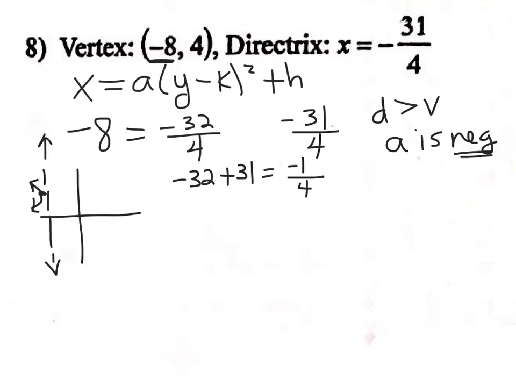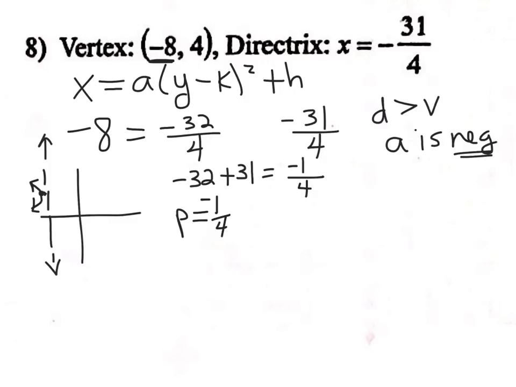So negative 1 over 4 is going to be the distance that my directrix is, or 1/4 is the distance that my directrix is away from my vertex. So 1/4 basically. So my p-value is 1/4. And it's negative because our parabola is opening in the negative direction.